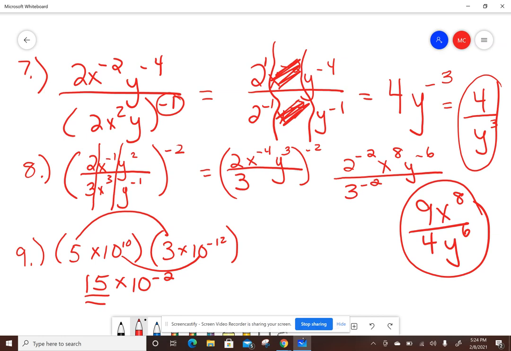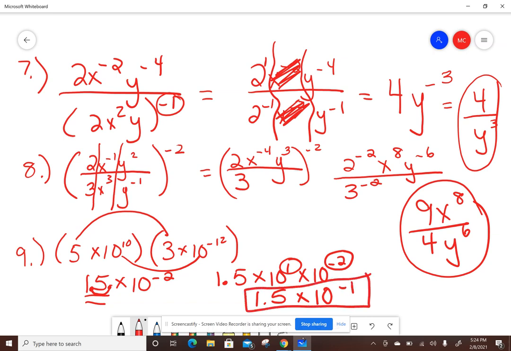So I'm going to change 15 into scientific notation. It becomes 1.5 times 10 to the first times 10 to the negative 2. I add negative 2 and 1, and I get 1.5 times 10 to the negative 1, and that's my final answer.